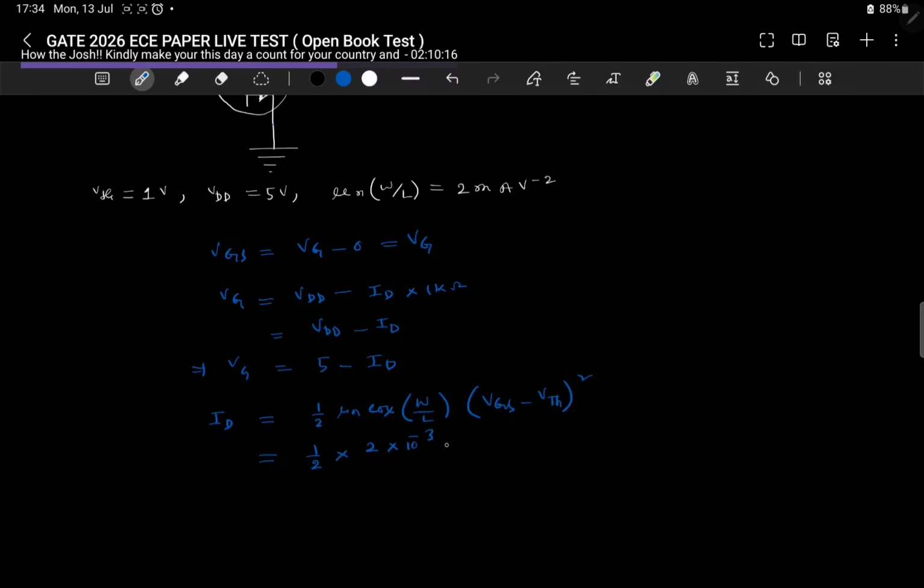Okay. So here VGS we can write as VDD minus ID, and VTH equal to 1 volt.